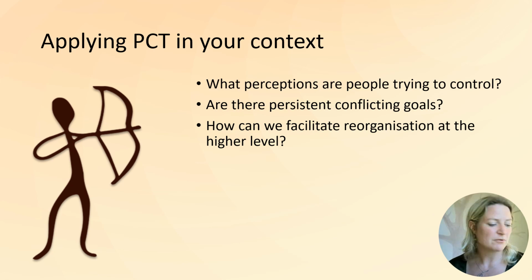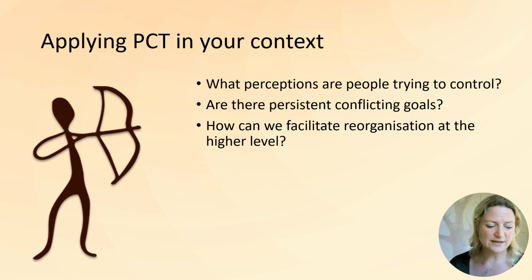So if people say, I really want to achieve A, you can also ask them if they maybe also want a little bit of B, or if there are other goals they have. And you should ask about or look for persistent conflicting goals, right? If there's tension somewhere, there's often a conflict between goals.